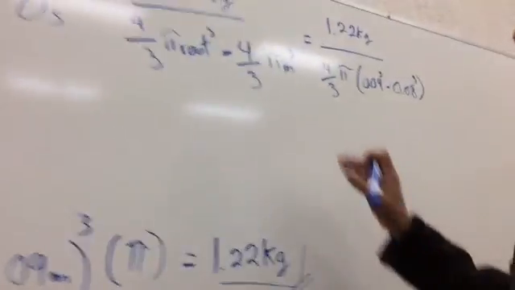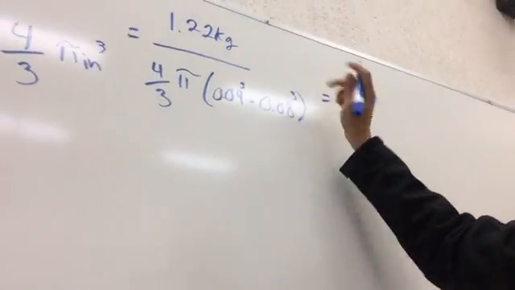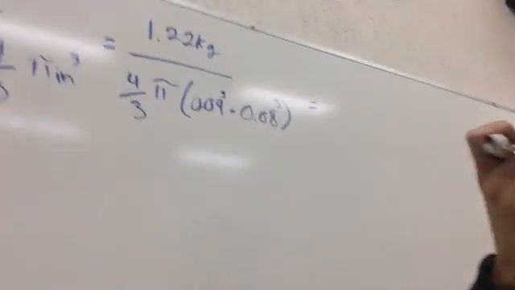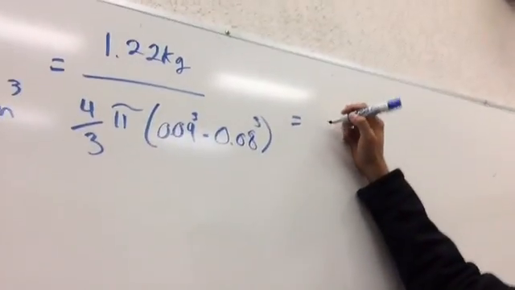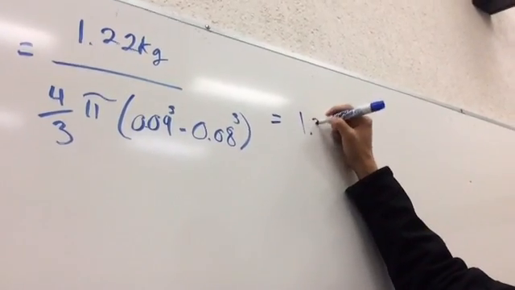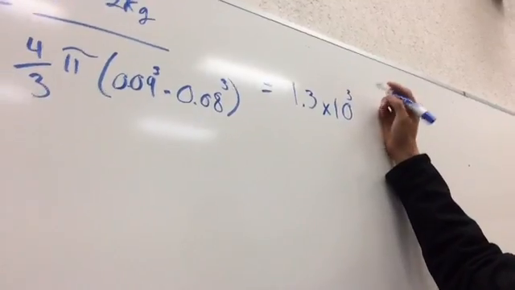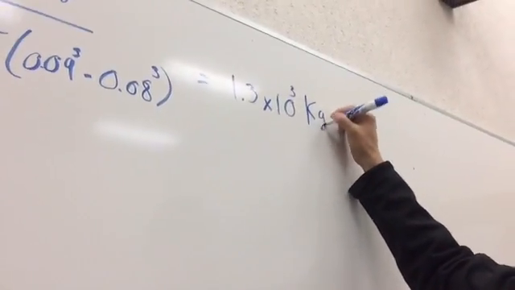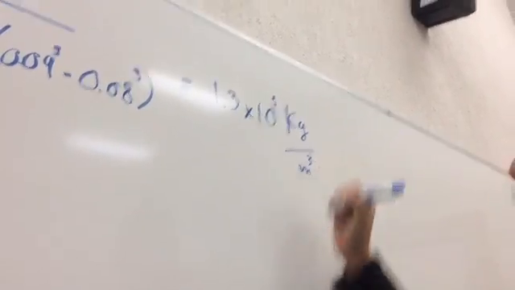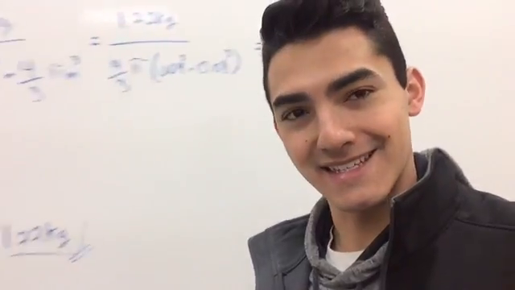Once we have this equation, we only need to calculate it in our calculator, and we will have that the density of this sphere will be equal to 1.3 times 10 to the third kilograms per meter cubed. And this is how you solve this quiz.